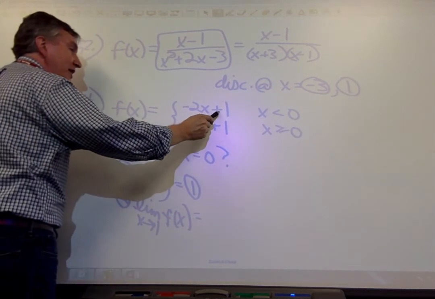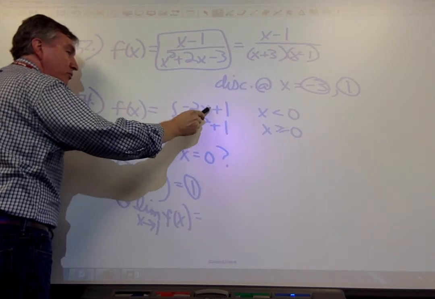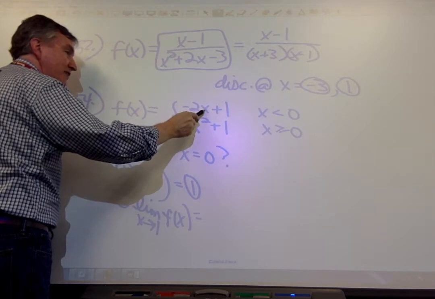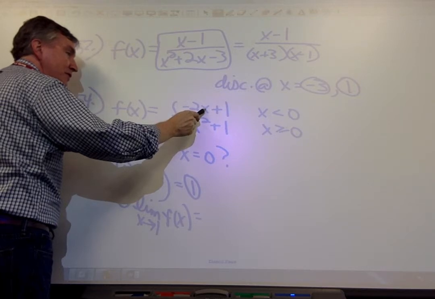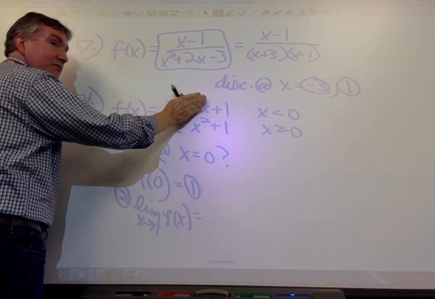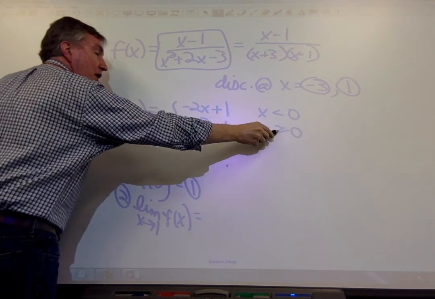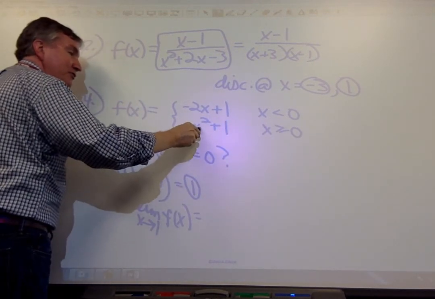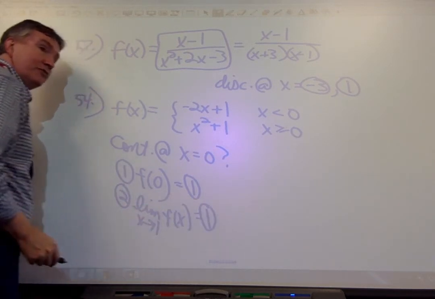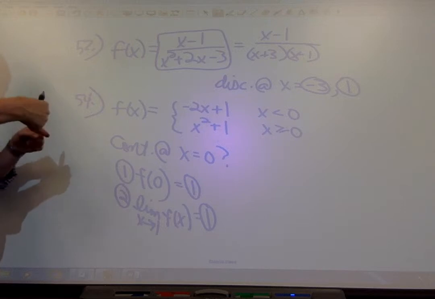If I come from the left and I get close to 0, what does this go to? If that gets close to 0 in this piece, it gets close to 1, doesn't it? It would wipe that out. What if you're coming from the right, from above? If you get close to 0, what does that go to? So it goes to 1 from both sides?